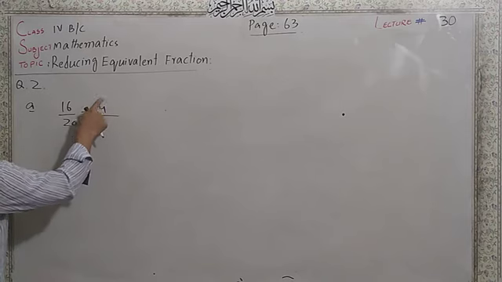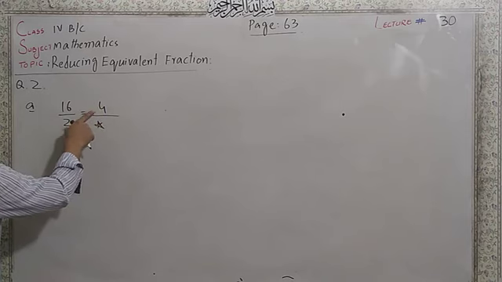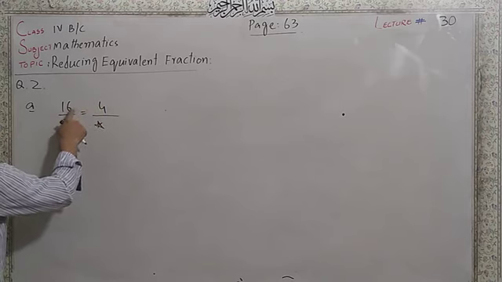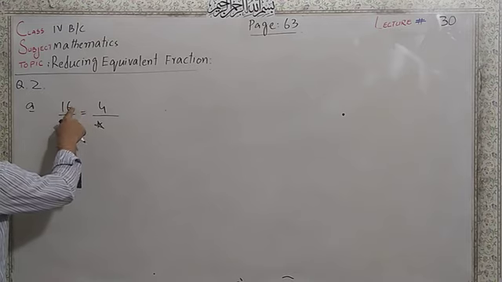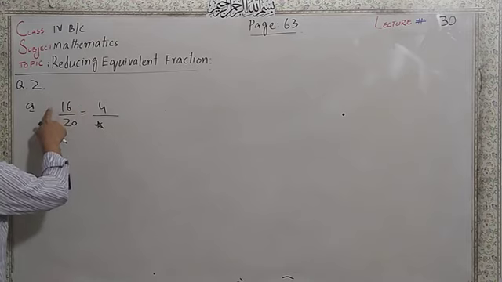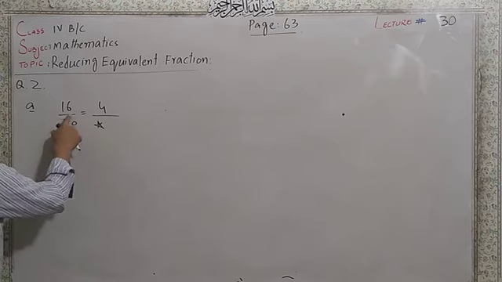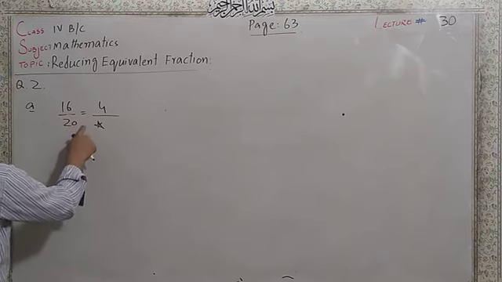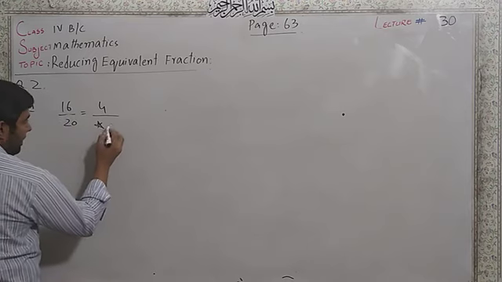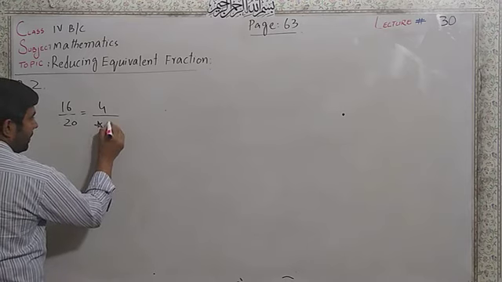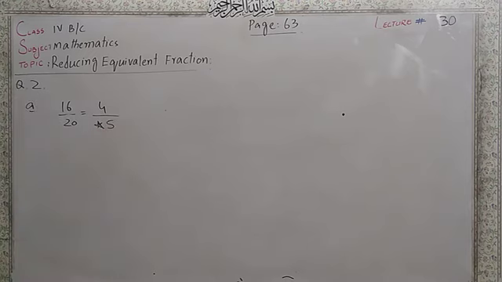Which table goes? 4 1s are 4, 4 2s are 8, 4 3s are 12, 4 4s are 16. Means table of 4 in 16. So you will check this also, table of 4 in 20. So 4 4s are 16, 4 5s are 20. The answer will be 5.